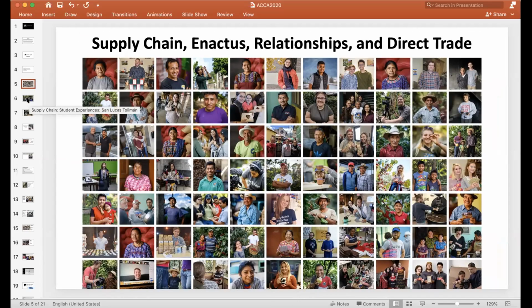So we go all the way from where we make the purchase, work with the farmers in Guatemala, work with how to get the coffee here, how to market it, how to make sure the quality is there. So what we've done is we now have our project that does go across the full supply chain, where we've been developing relationships and getting to know the people throughout in this direct trade project that we're doing. The picture here is of farmers and students and people along the way for this project.